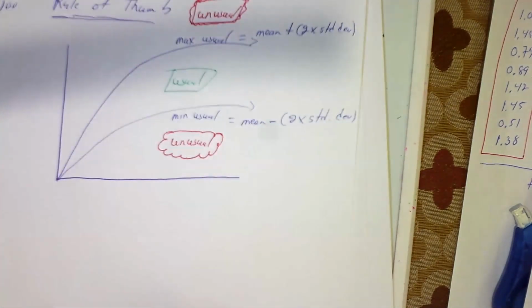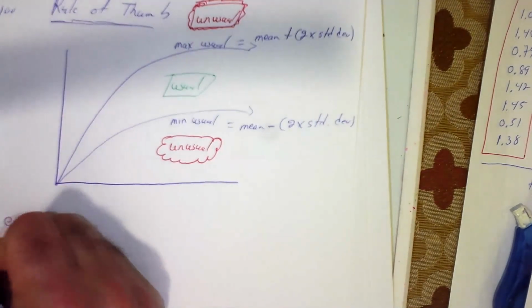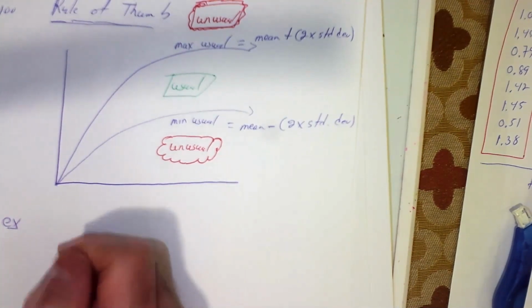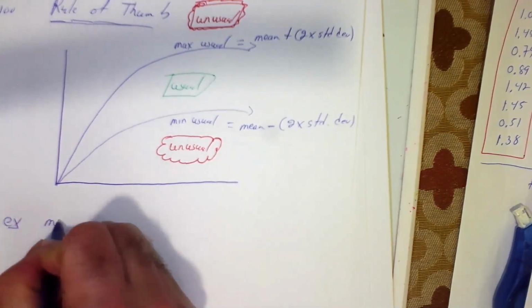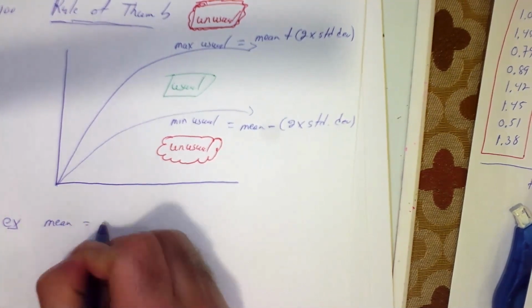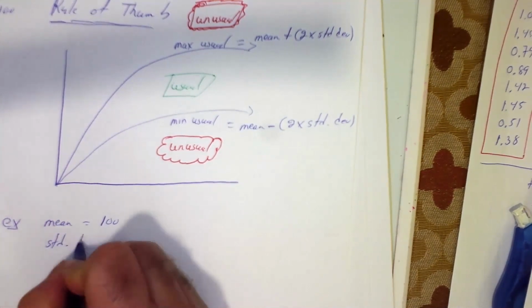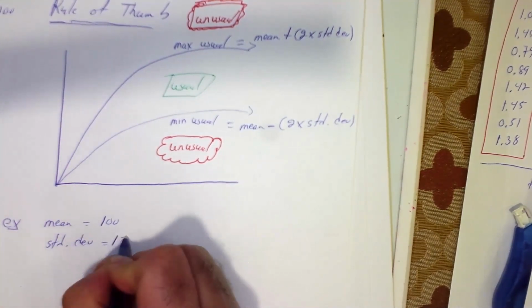Okay, so we'll do an example. Let's suppose that you are in charge of IQ scores of politicians, and the mean is 100. The standard deviation is 15.